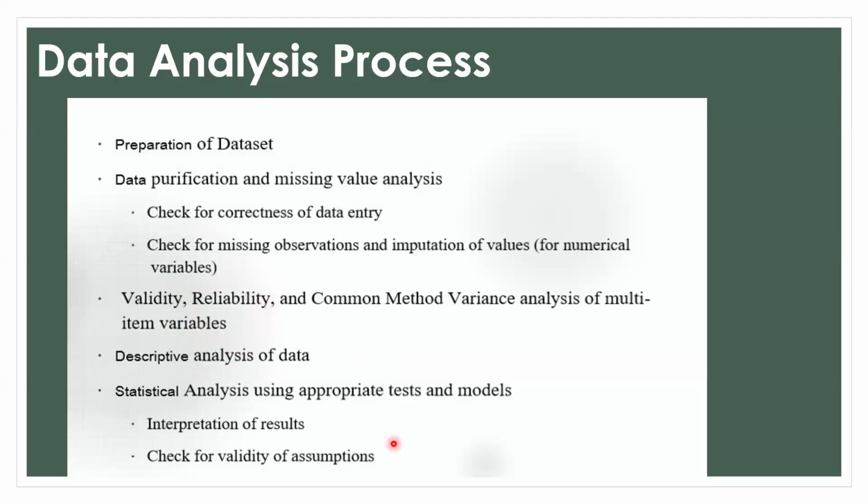Do you get my point, my question? In order to be reliable, when there are multiple items for a variable, there should be a high level of correlation among the items which are measuring a single variable. Why is that?